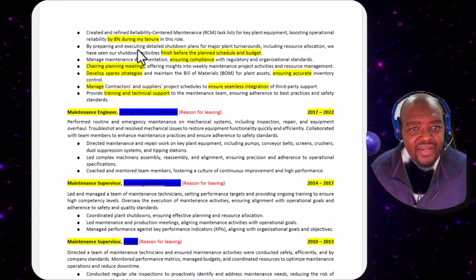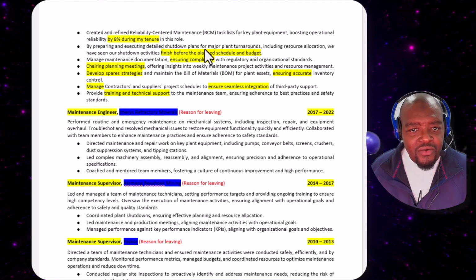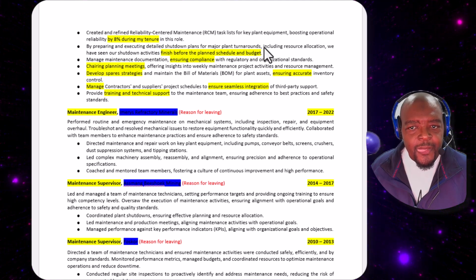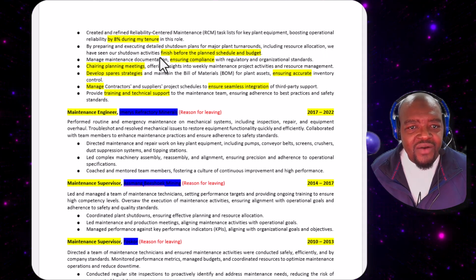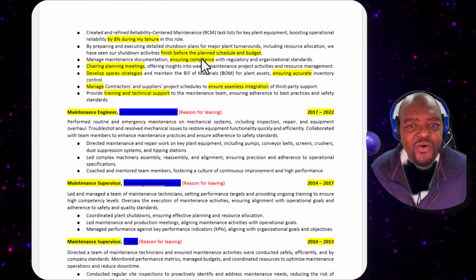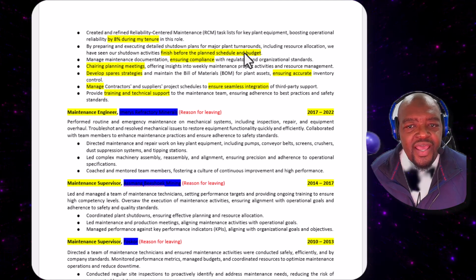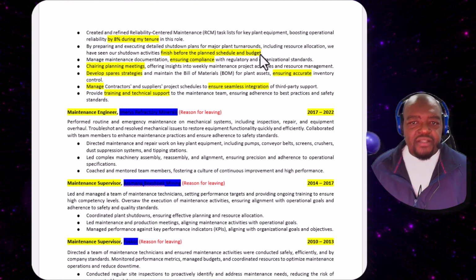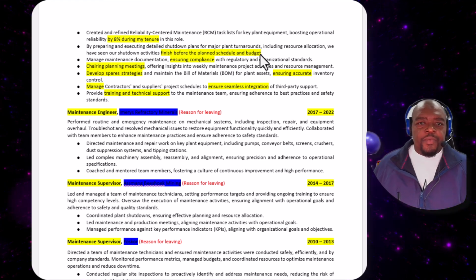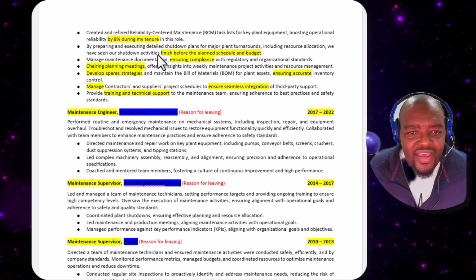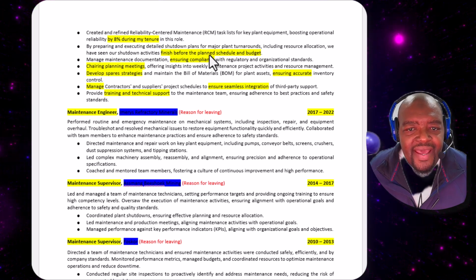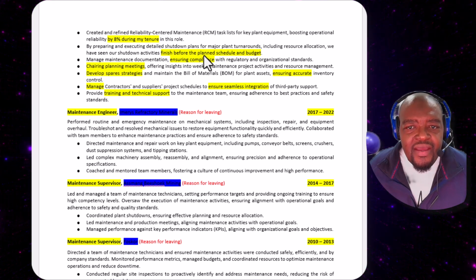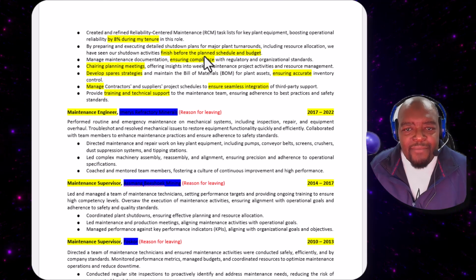Excellent. By preparing and executing detailed shutdown plans for major plant turnarounds, including resource allocation, we have seen our shutdown activities finish before the planned schedule and within budget. Excellent. So it means before, they were having challenges; they could not finish their shutdown within the planned scheduled time, and probably they would go above budget.